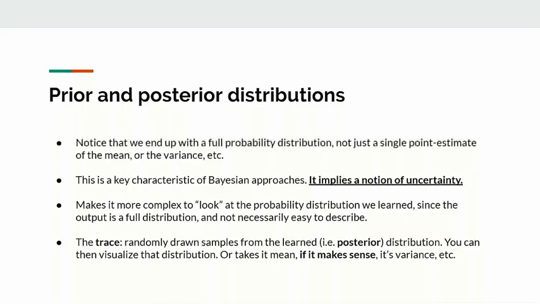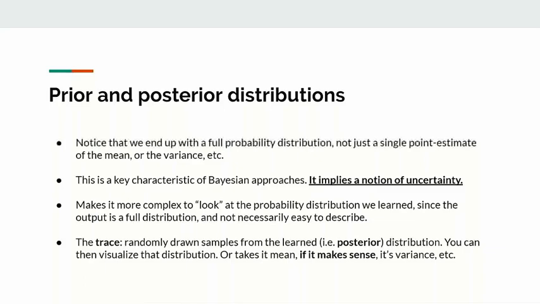Okay, so I mentioned that we start with a prior distribution, we look at evidence from the data, and we end up with a posterior distribution. What this means is that we end up with a full distribution, not a single point estimate.